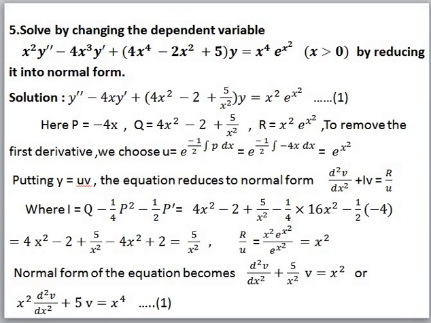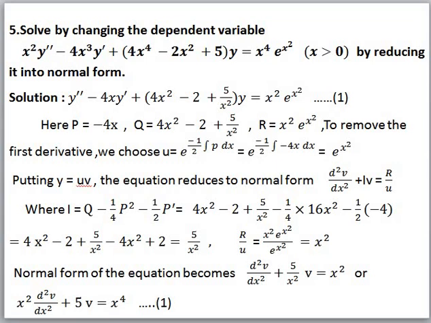Here also comparing with the general form, so d²y/dx² is unity. So dividing throughout by x², we get the standard form of the equation. So if we divide by x², then the given equation is y double dash minus 4x y dash plus (4x² minus 2 plus 5/x²) into y is equal to x² e^(x²).